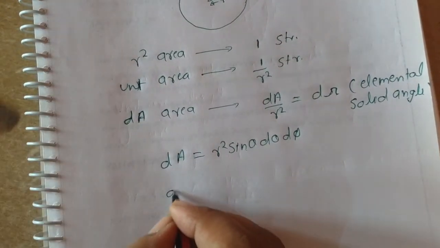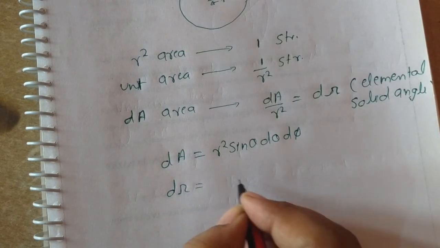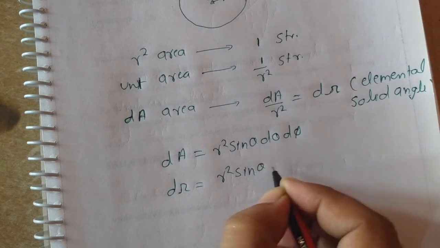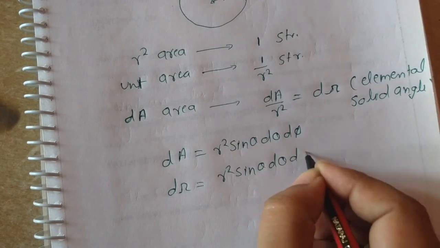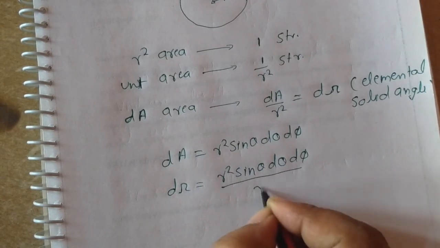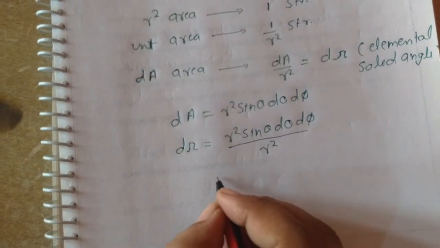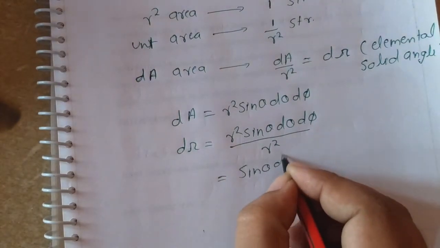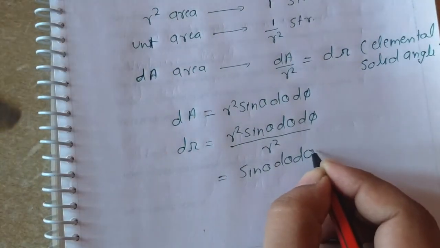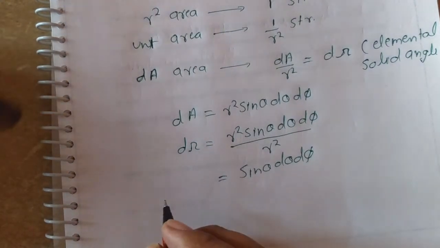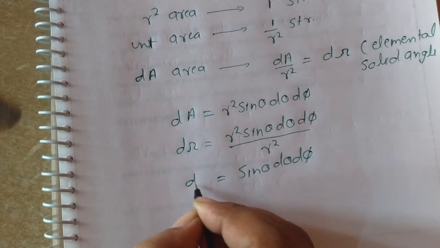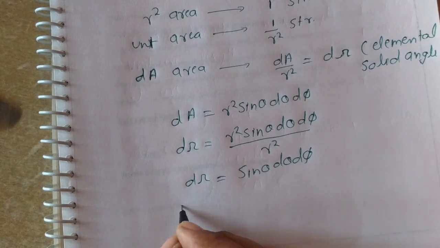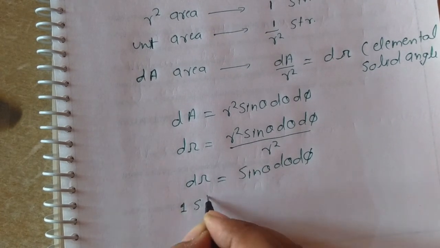So d omega will be equal to r square sine theta d theta d phi divided by r square, that is equal to sine theta d theta d phi. Okay, so this is the elementary solid angle d omega, which is equal to sine theta d theta d phi.